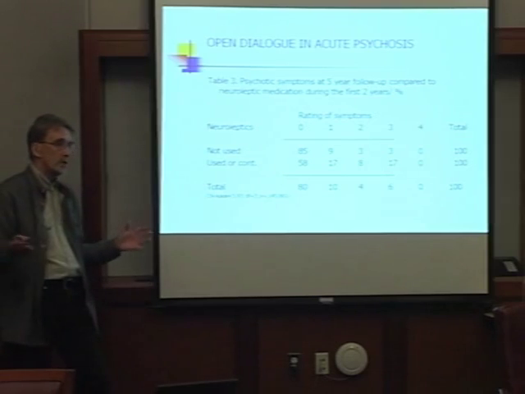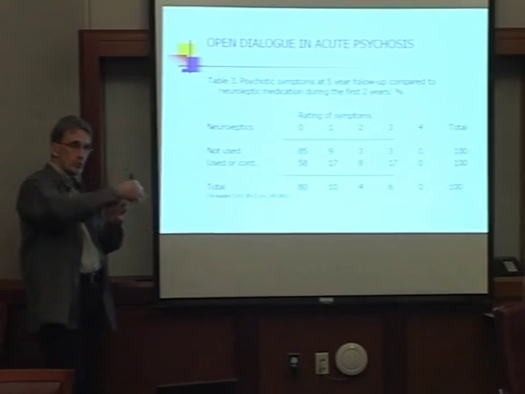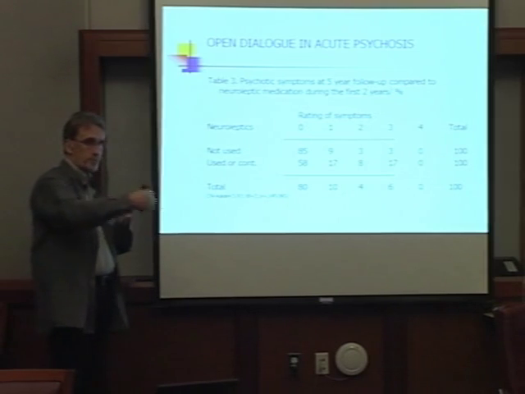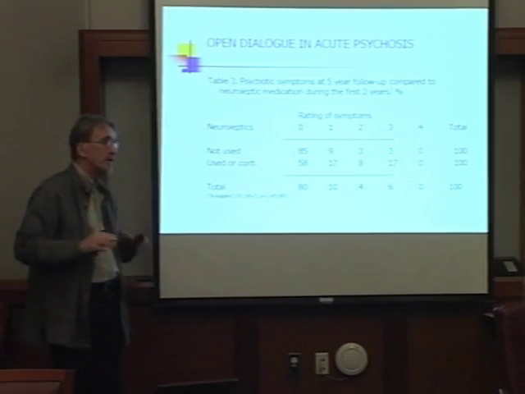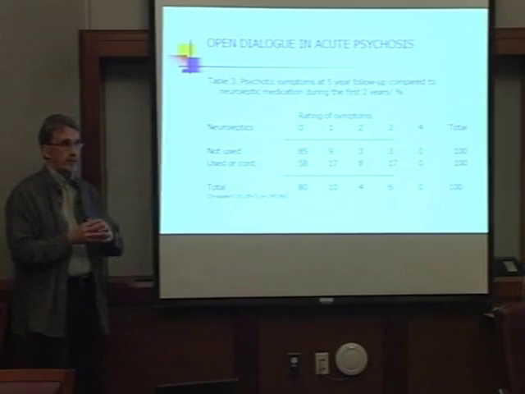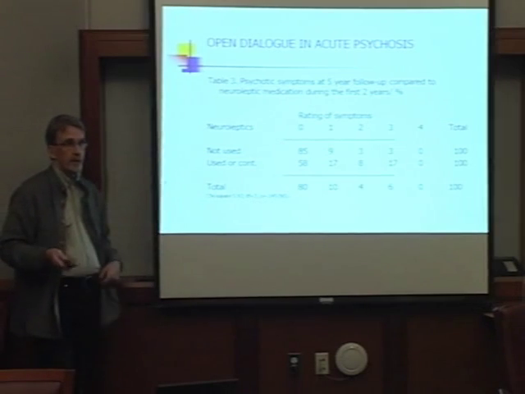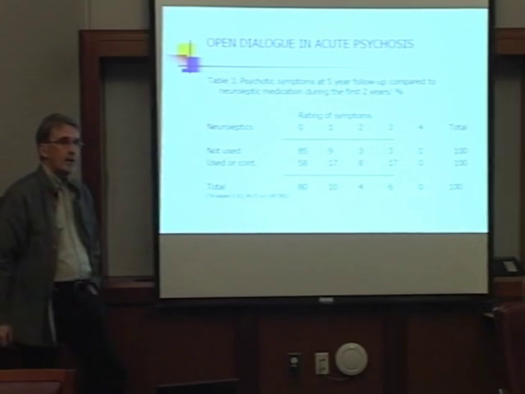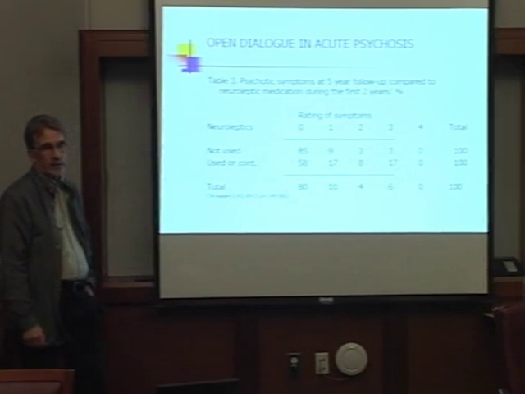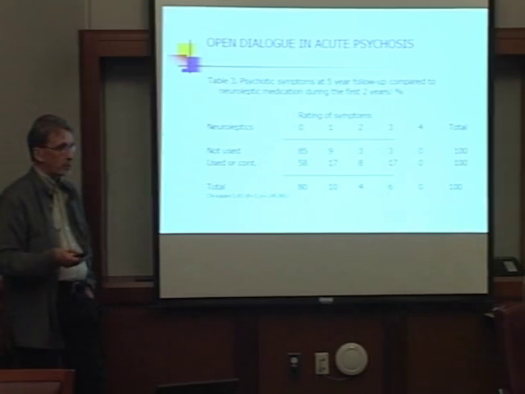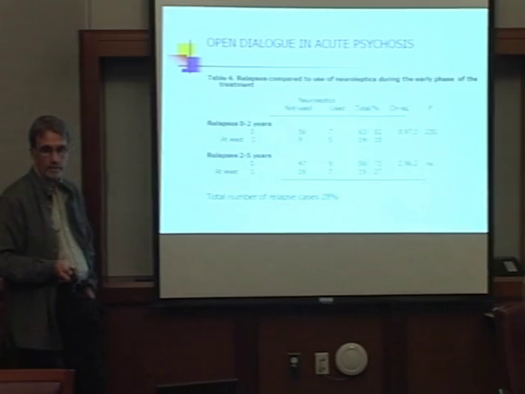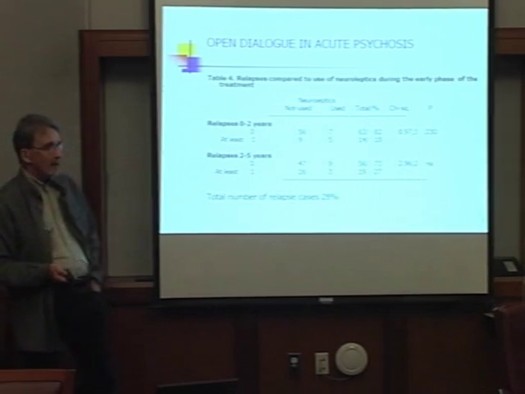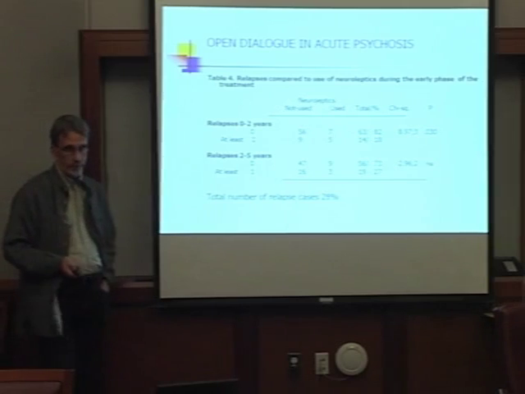Here it's more or less self-evident, because we choose the most serious patients, who are thought to really be in need of medication, and those who don't need medication are not medicated. But it also showed that avoiding medication did not increase the probability of poor outcome. It's the same concerning relapses. Those who were on medication had more relapses compared to those who were not.